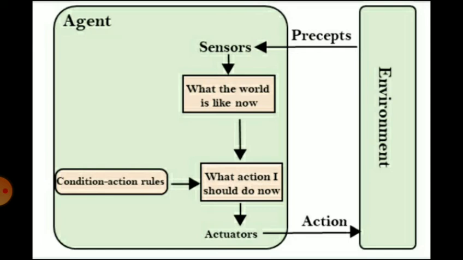In this block diagram, you can see there is an environment, then there is perception and action, then the sensors. The first block indicates what the world is like now, which means what the current situation is for perception. So this agent selects the actions on the basis of current perception.